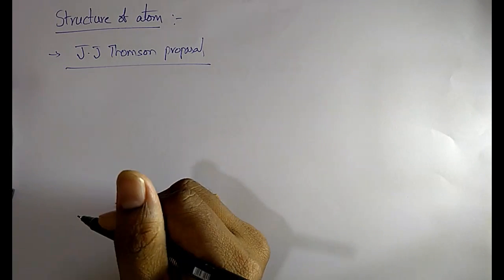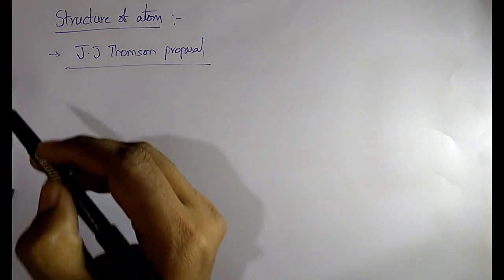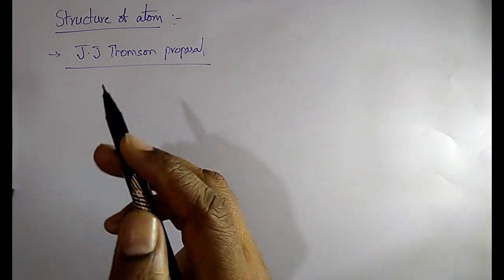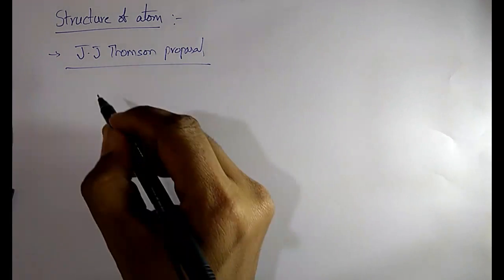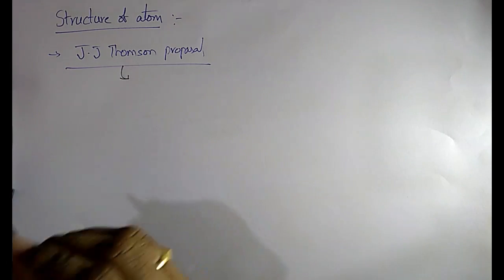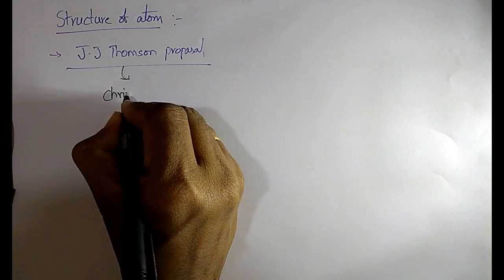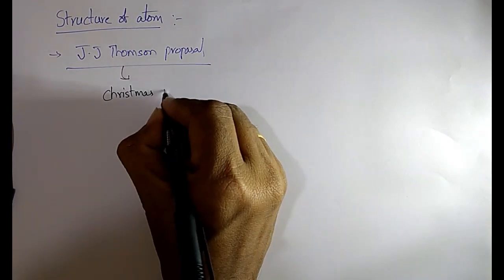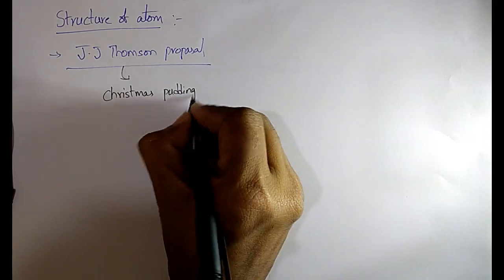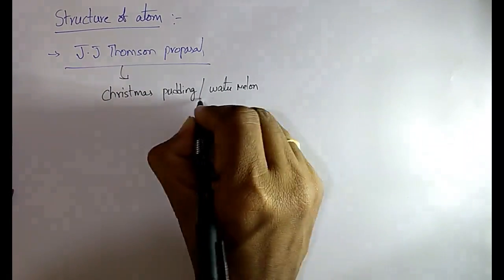Next, structure of atom. Several scientists proposed their structures of atoms. The first one, J.J. Thomson. J.J. Thomson proposed the structure of atom that is similar to Christmas pudding or watermelon concept.